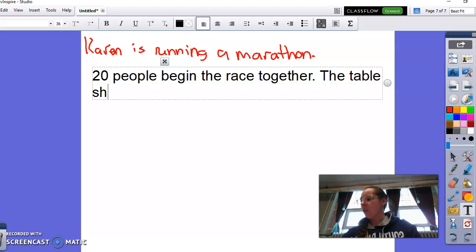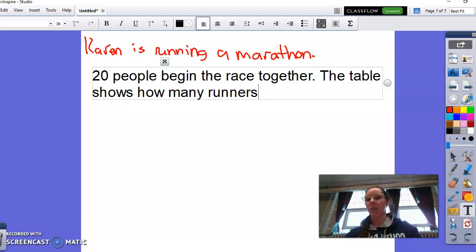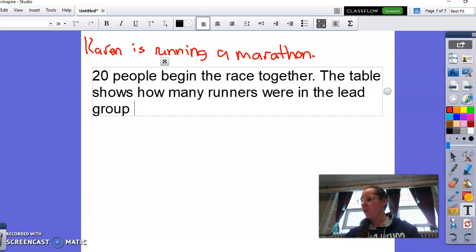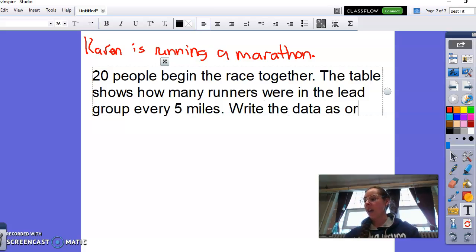The table shows how many runners were in the lead group every 5 miles. Write the data as ordered pairs.